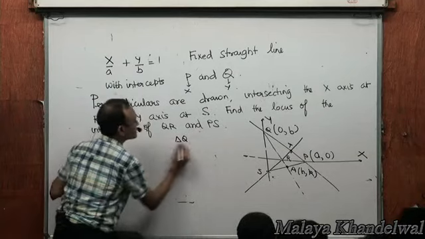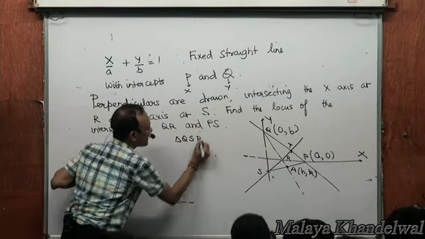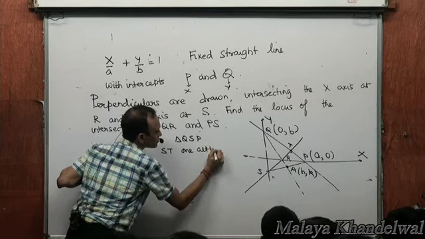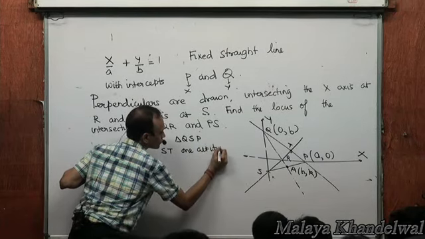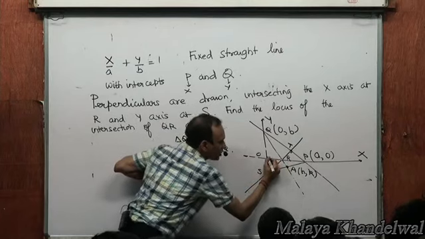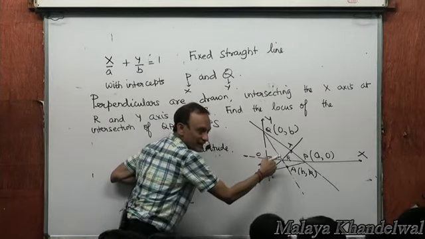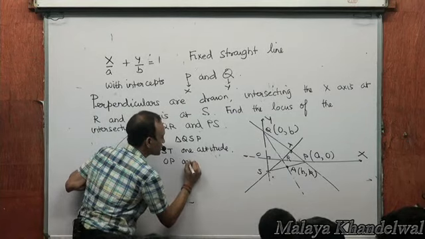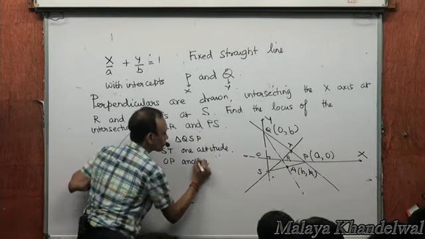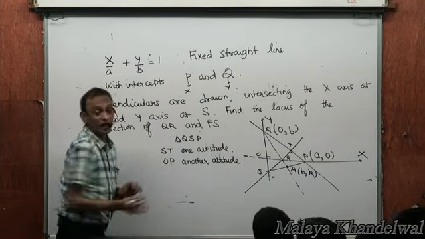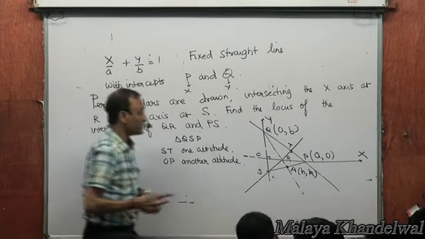ST is one altitude, isn't it? In triangle QSP, ST is one altitude. OP is another altitude because this angle is 90 degrees. Yes or no? And in a triangle, the three altitudes are concurrent, right?